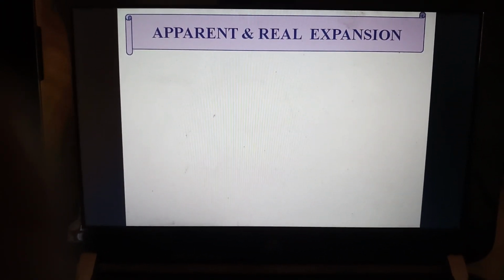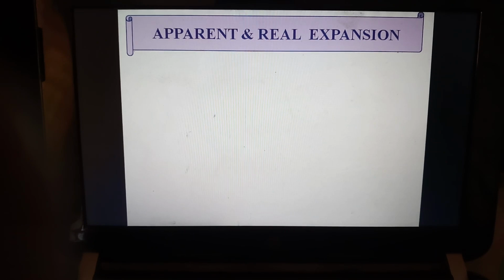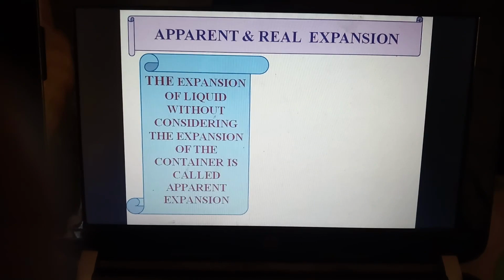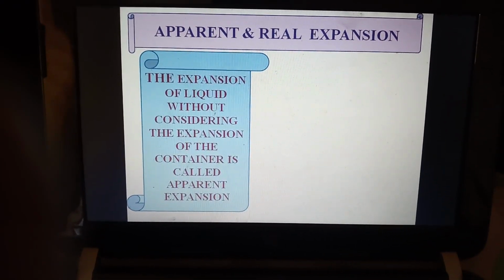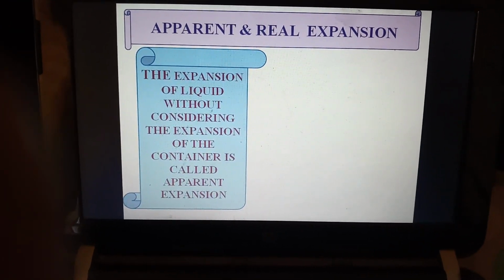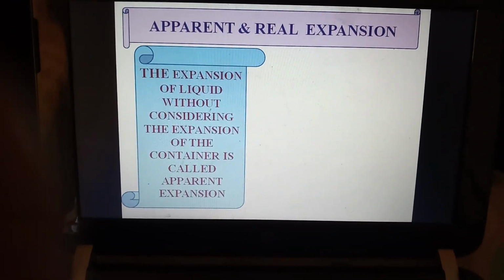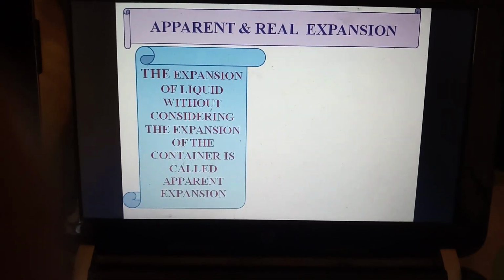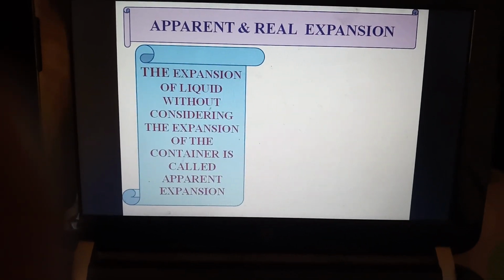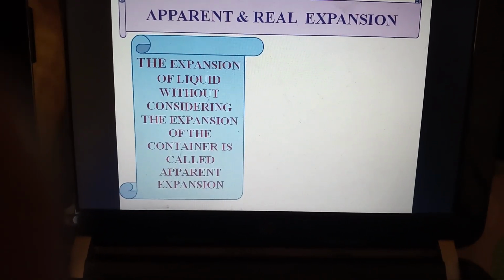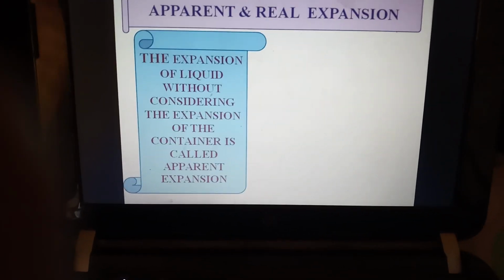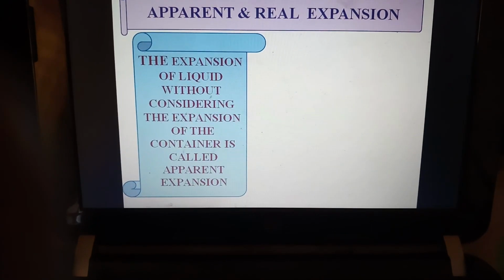So our first topic is apparent and real expansion. What is apparent expansion? Apparent expansion is the expansion of liquid without considering the expansion of the container. If we are not considering the expansion of the container containing the liquid, then it is called the apparent expansion.